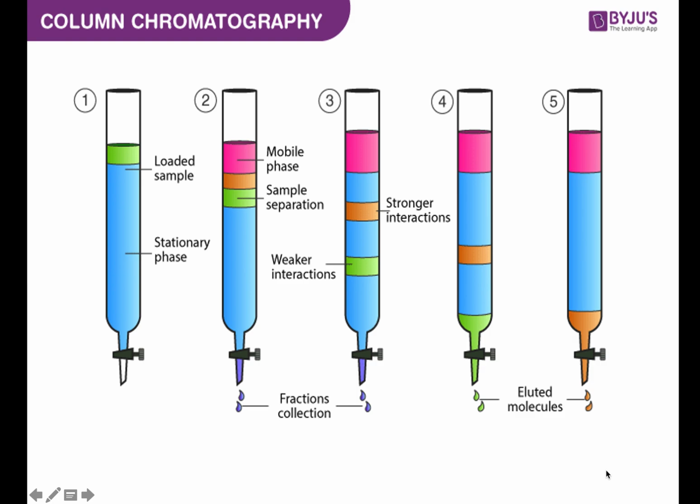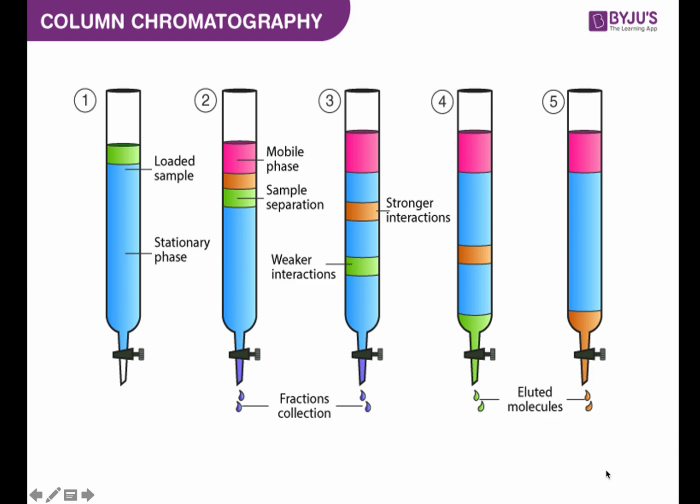If you look at the picture here, look at column 1. We have the blue stationary phase, which is silica gel or silica powder, and at the bottom we have a tap to control the elution rate, and on the top we have a loaded sample. Can you see the green stuff? This is the sample.